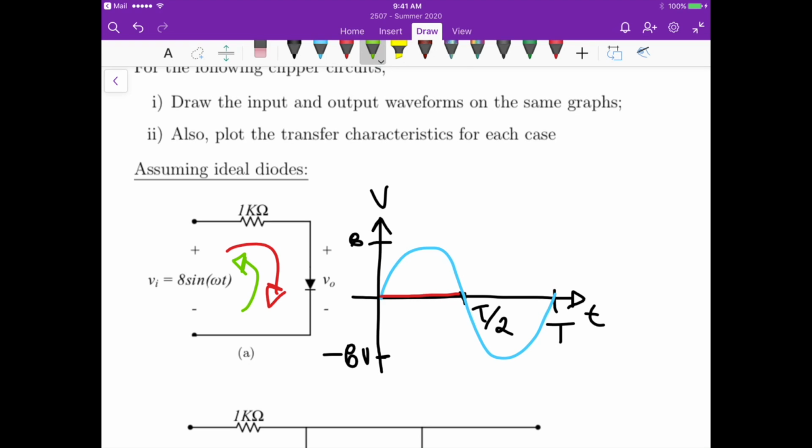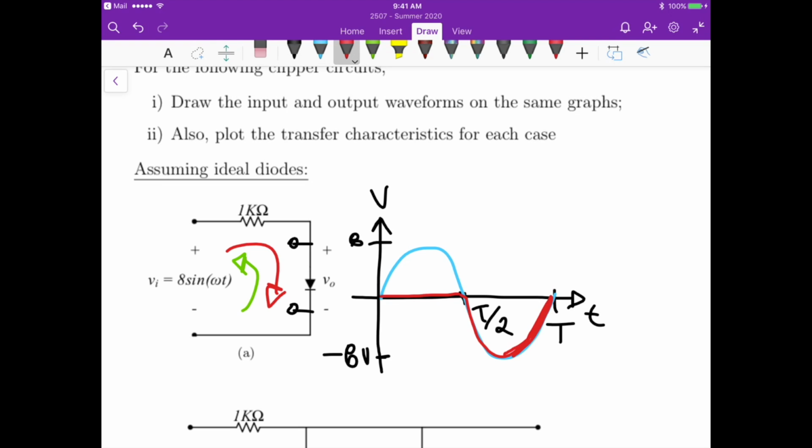So this diode becomes an open circuit. And then as an open circuit, imagine this is open, the voltage V0 is going to be equal to Vi. So in the second half cycle, the voltage is just the same as the input voltage.